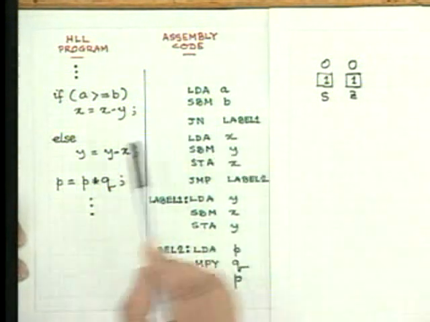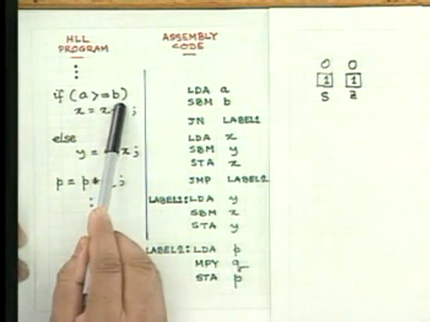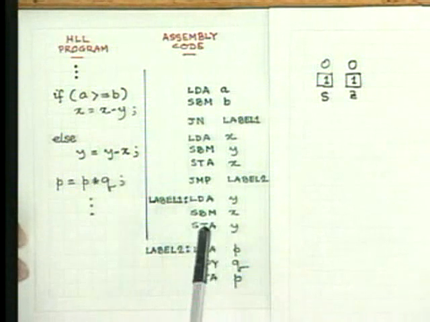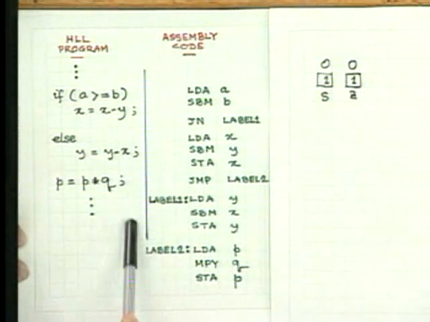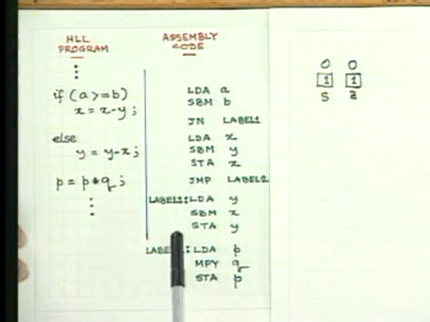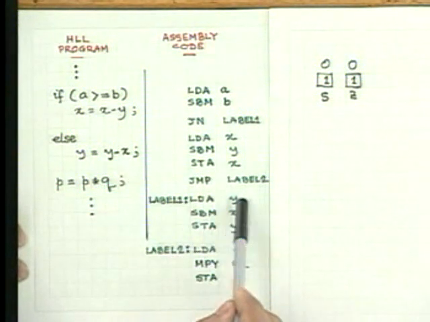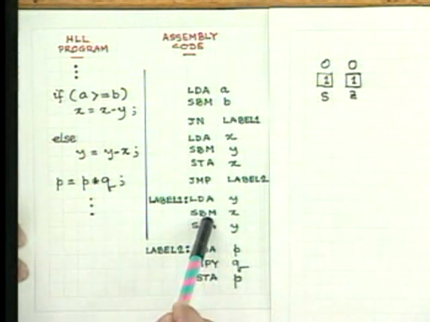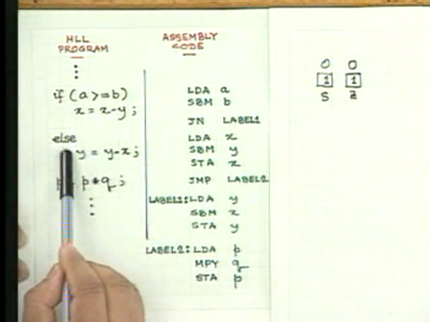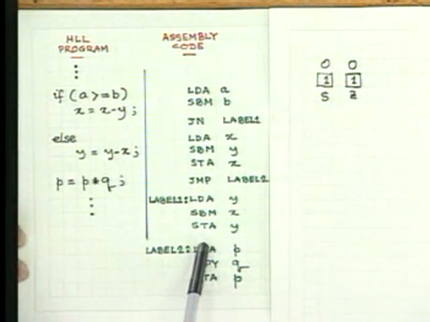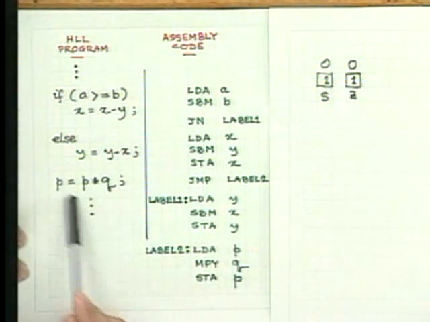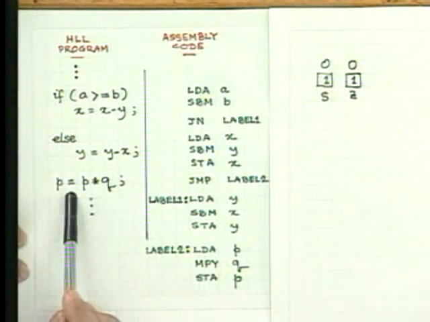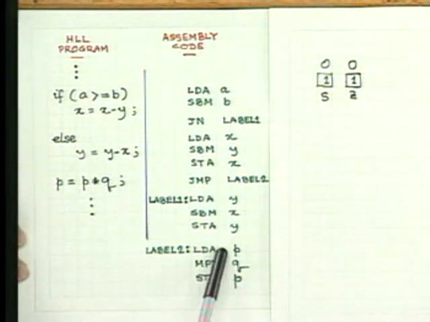This portion executes this instruction and then takes a jump over to label 2. This portion is the assembly language code corresponding to this statement, and in either case, this portion is the assembly language code of this statement which is executed.